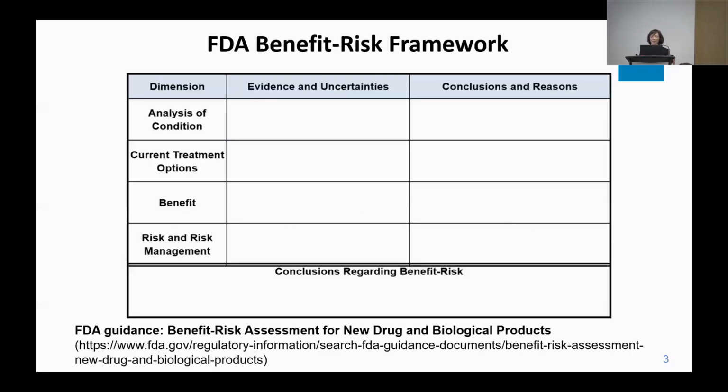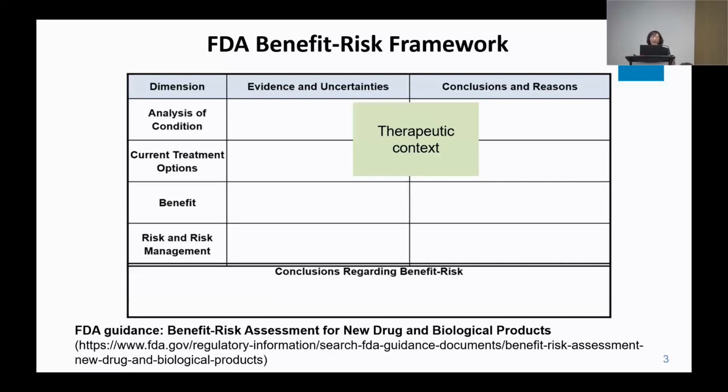FDA published a draft guidance in September 2021. In this guidance, it described FDA's structured benefit risk framework for new drug and biologic products. The framework includes 4 dimensions. The first 2 dimensions here are analysis of condition and current treatment options.